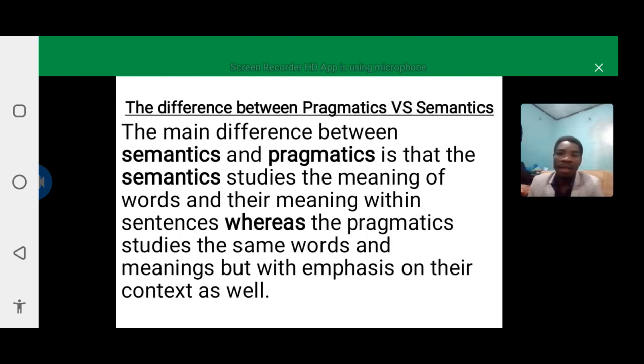And another thing that I said I'm going to figure out is the difference between pragmatics and semantics. The main difference is that semantics studies the meaning of words and their meaning within sentences, whereas pragmatics studies the same words and meanings but with emphasis on their context as well.